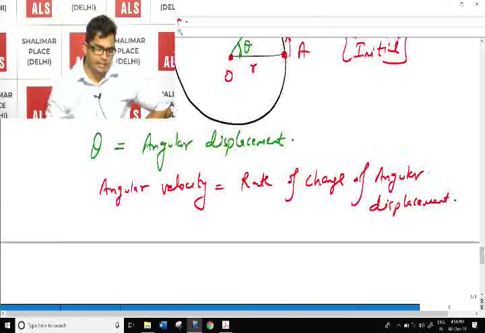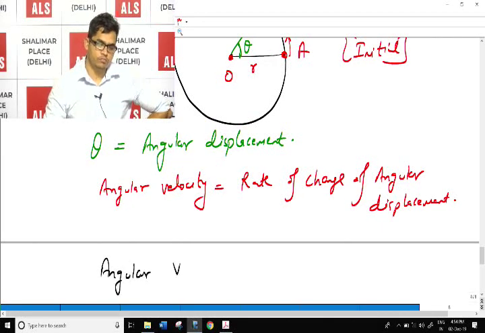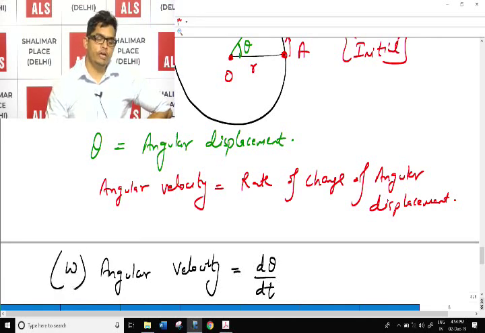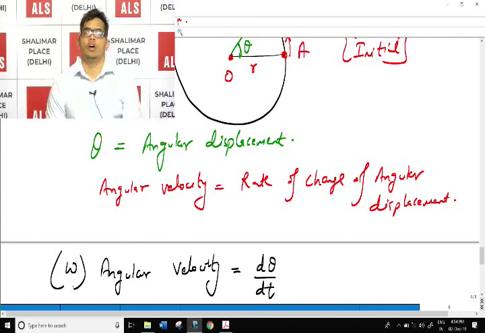So can I write your angular velocity as d theta by dt, and to distinguish between normal velocity and angular velocity we use omega. Omega is the symbol of angular velocity. Is it clear, guys? Angular velocity has a symbol of omega and it is d theta by dt.